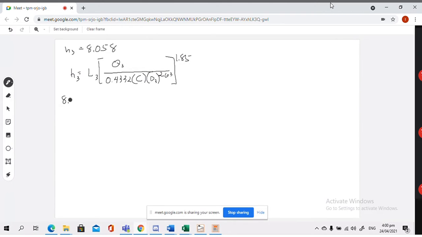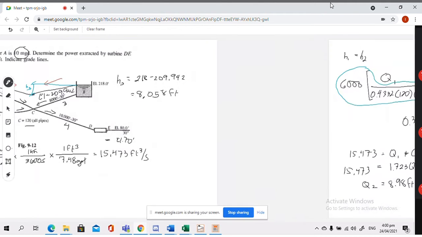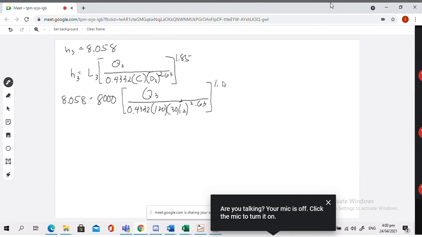So substituting the values into the formula, you have 8.058 equal to 8,000 times Q3, which is the unknown, over 0.4332 times 120 times D, which is 30 over 12, to the 2.63, to the 1.85.